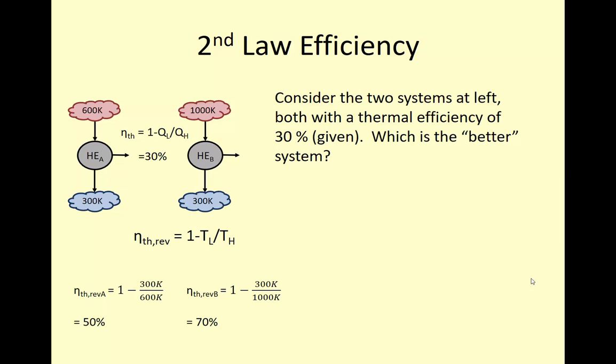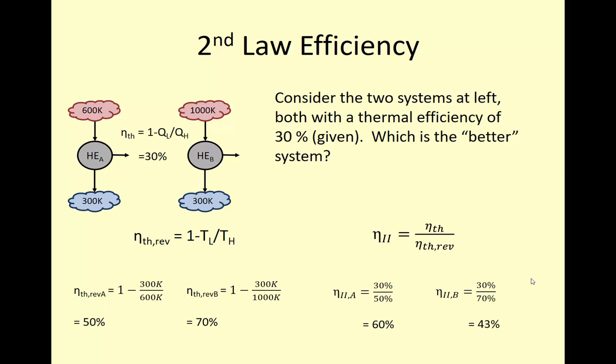What we need to do is compare their actual performance with their theoretical performance in the form of the second law efficiency. So if we calculate the second law efficiency of heat engine A, we find that it's 60%. And for heat engine B, it's actually 43%.